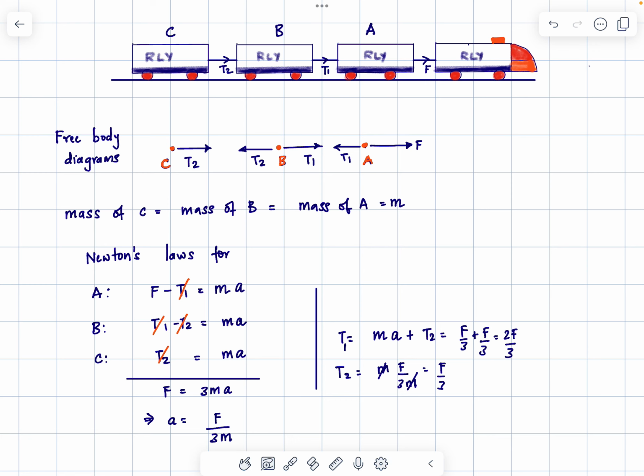We talk about the forces involved in dragging various cars of a train.